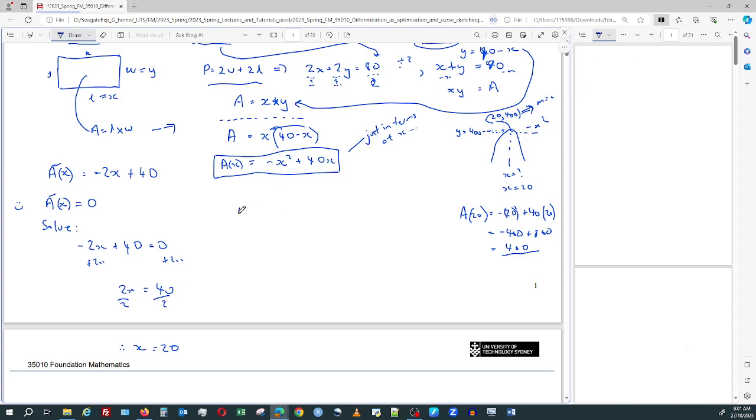That is, we can do A double prime of x. So minus 2x plus 40 is going to become minus 2 on differentiation. Differentiating this a second time, what do we notice here? Minus. That means it's concave down, which is correct.